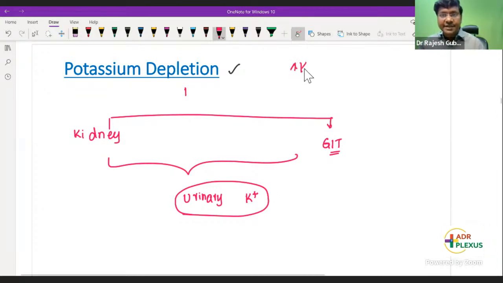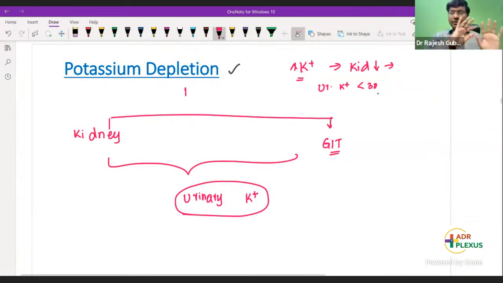So if the hyperkalemia is due to renal impairment, that is kidney impairment, the urinary potassium will be less than 30 milliequivalents. Now tell me, in which etiologies of hyperkalemia is urinary potassium more than 30 milliequivalents per liter? That is your transcellular shift.